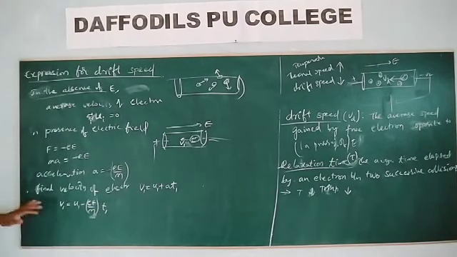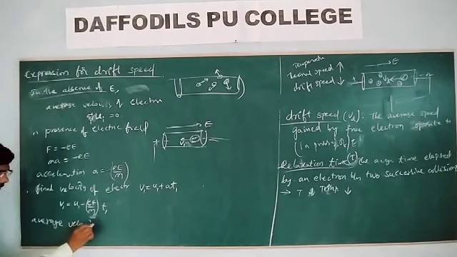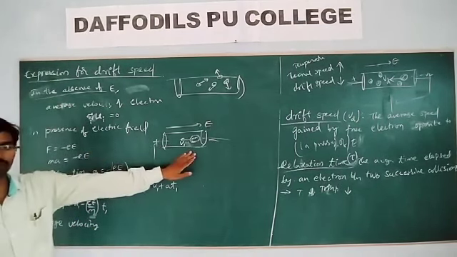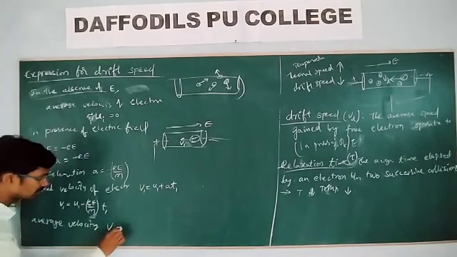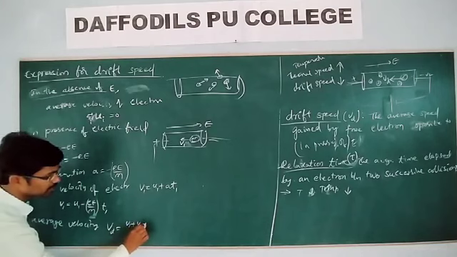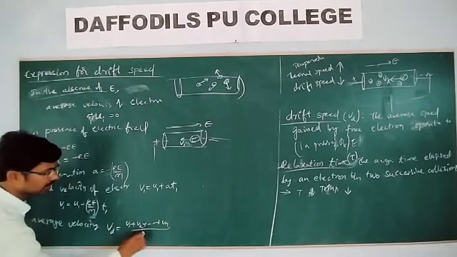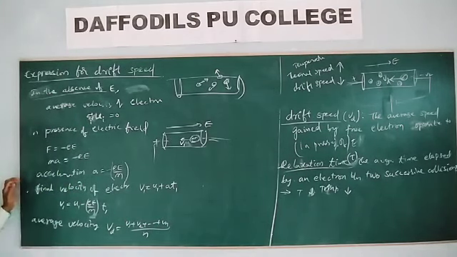But remember, the average velocity gained by the electron in presence of the electric field is called drift speed, which is equal to v1 plus v2 plus and so on plus vn, divided by n.